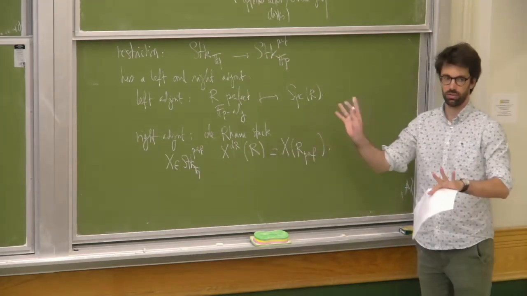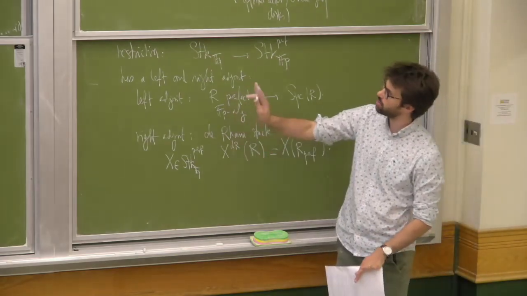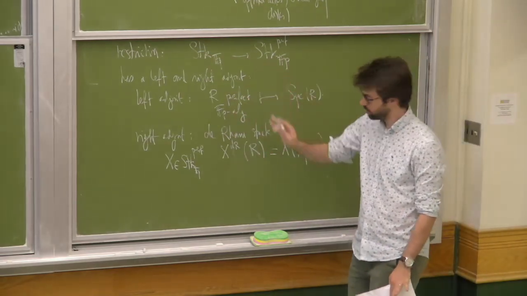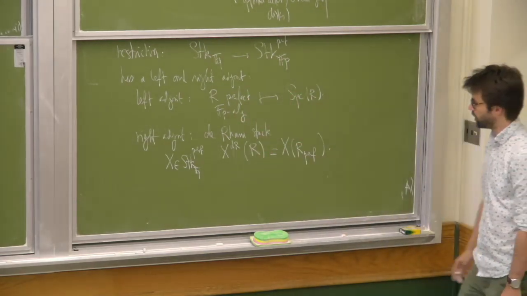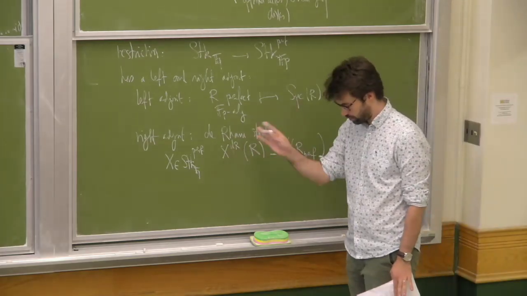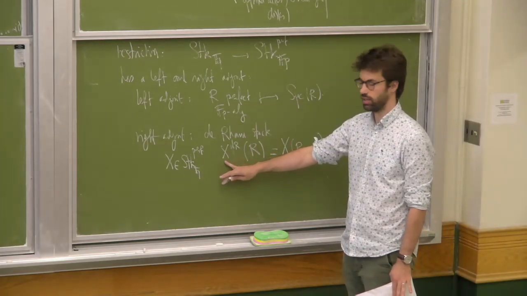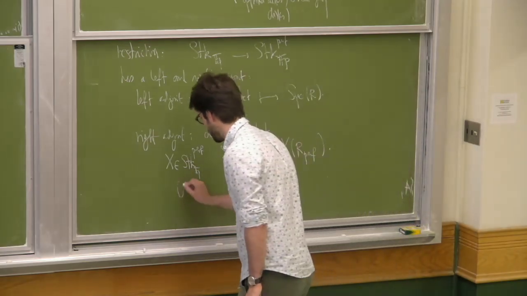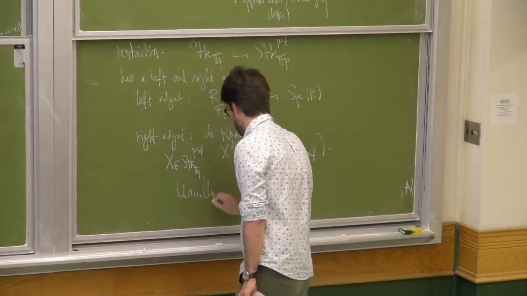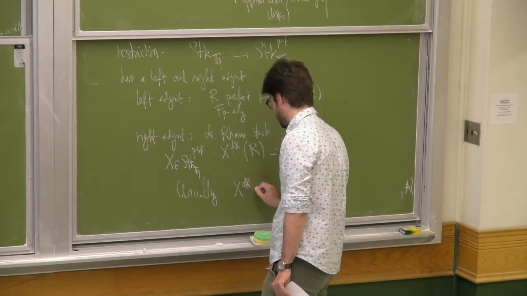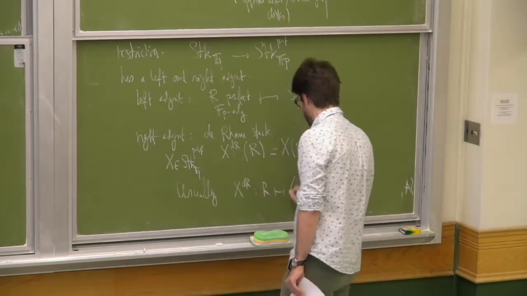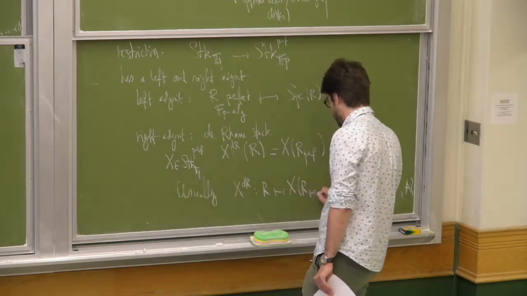First of all, even if there are characteristics here, I do not consider divided powers. But also, usually the de Rham stack, even forgetting about divided powers, is defined by something like R goes to X evaluated on the reduction.